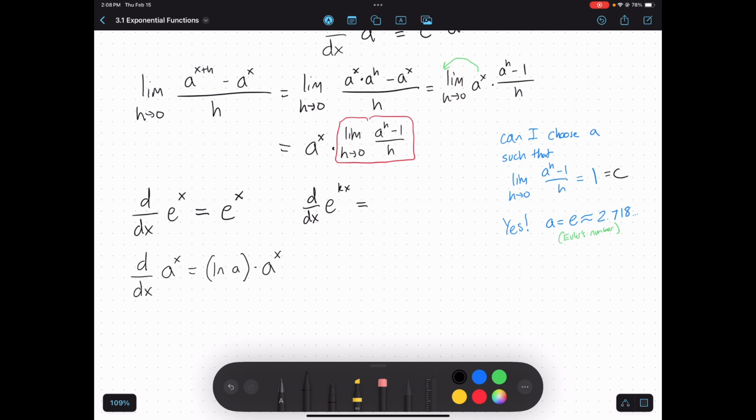Well, since I know how to do the chain rule now, I can use the chain rule to find this derivative. I'm going to take the derivative of my outside function, which of course is just itself, keep the inside function the same, but then multiply by the derivative of my inside function, which is just k. Similarly, with an exponential function with any base, I get natural log of a times a to the kx times k.